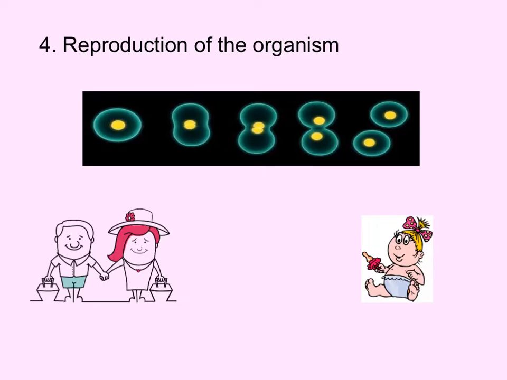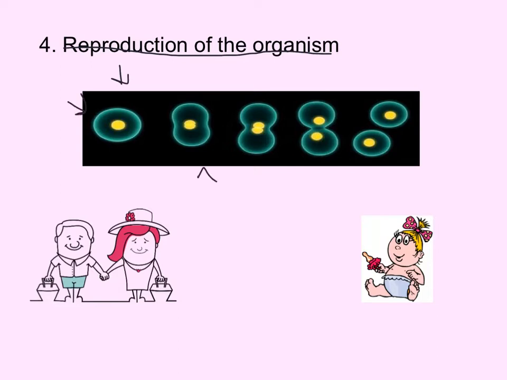And the other reason why cells need to reproduce is because organisms need to reproduce. That is one of the characteristics of all living things. All living things are able to reproduce. On this top one over here, this is going to be an example of asexual reproduction, where you have a single cell.